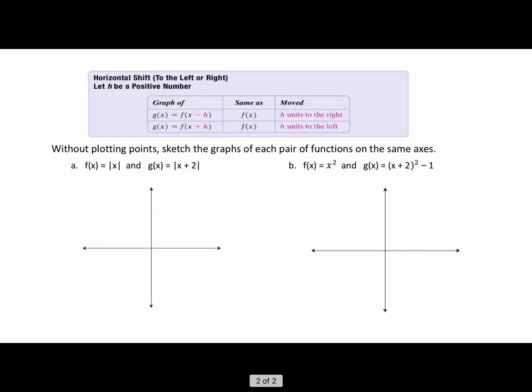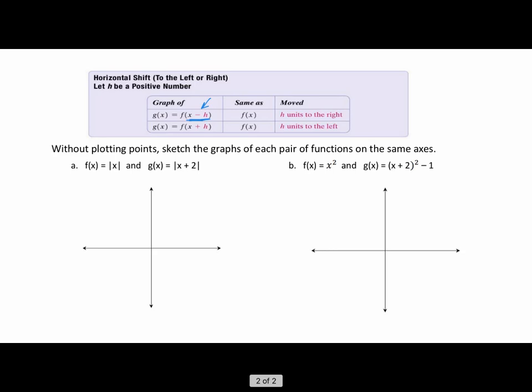So another type of shift that we can have is a horizontal shift, and that means shifting from the right or left. And you'll notice what the difference here is. We still have adding and subtracting, but it's inside of the function. So one function is the other function where you're adding and subtracting inside the basic function.